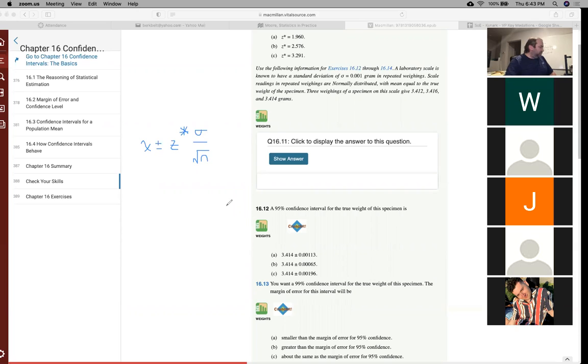So we'll plug in the sigma, the number of times weighed, and I'm trying to remember the z star. Oh, the z star is the point at which 95% of the graph is to the left of this x value, which is z star.